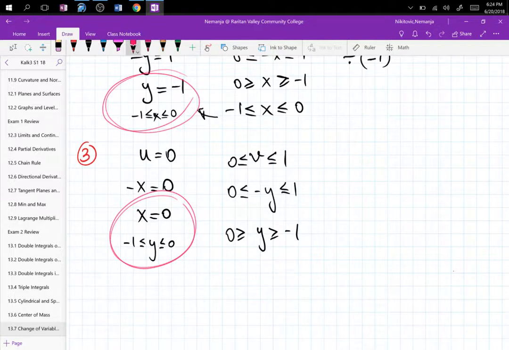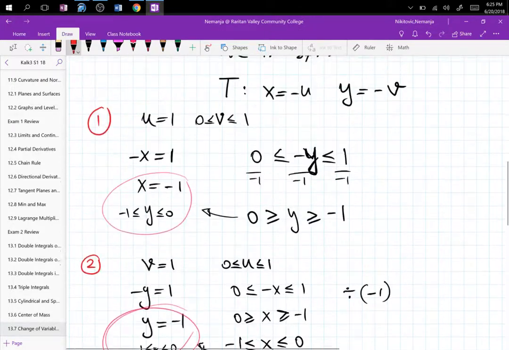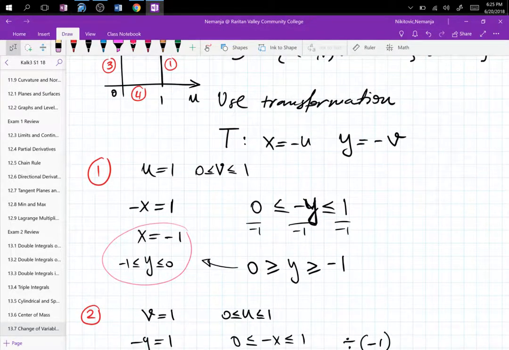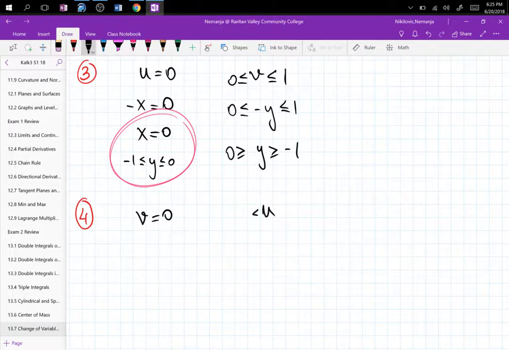This is all fun and games when I'm doing it. When you try, you'll have to, you know, pull some hair out first because it's not that simple. The last one is v equals 0, and u is between 0 and 1.